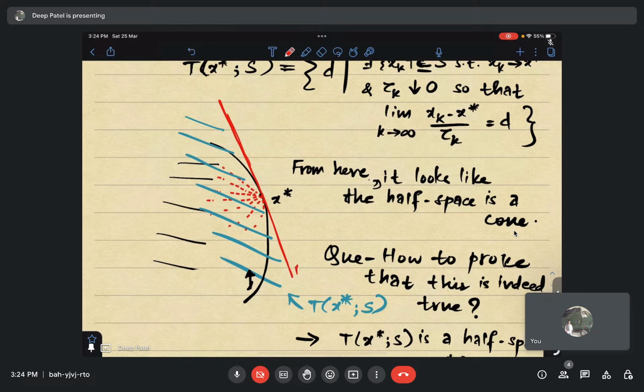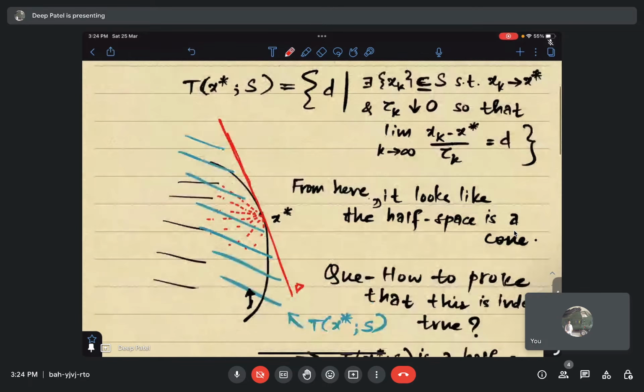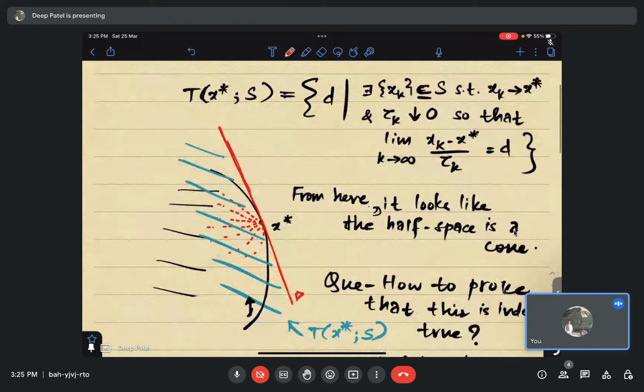We need to find a normal, right? So what will be the gradient at this point? Let's say this curve is g of x equal to 0. So this will be the gradient of g evaluated at x star, right?